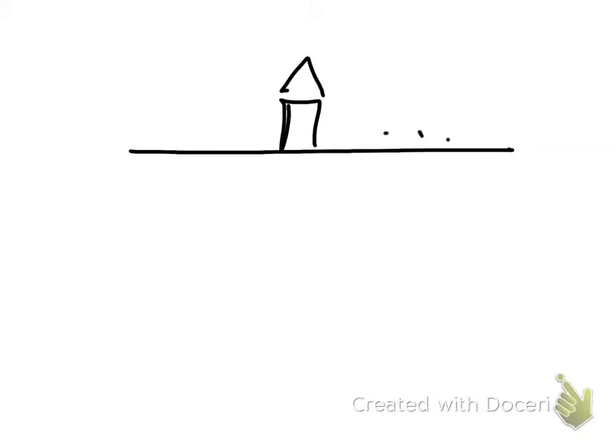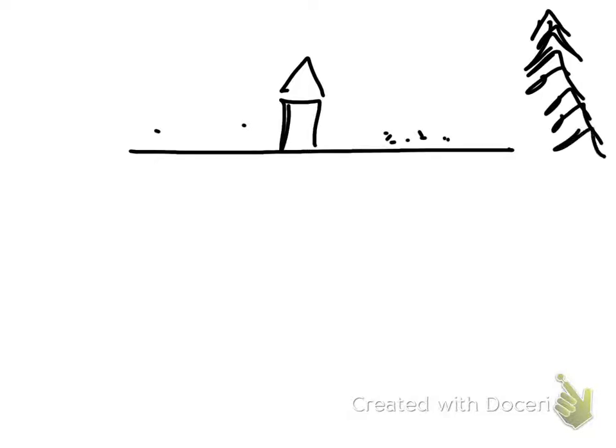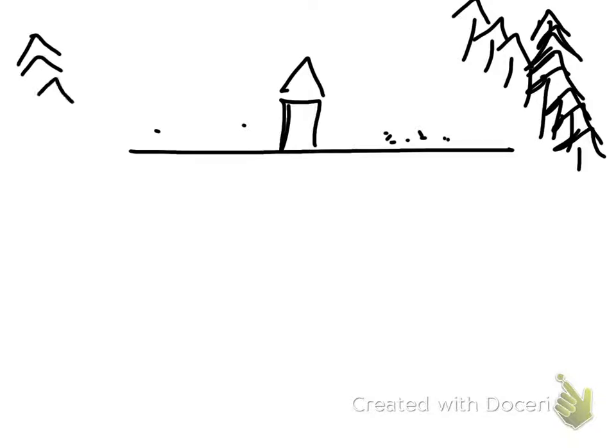So one way to protect that, if you're a farmer, and this is your little farmhouse, and you have all your little crops that you want to grow out here, right, is you can plant something called a wind barrier. So you can plant a tall line of trees, pretend that's a line of trees, right, going back along your property, either in between your fields or in between you and your neighbor.